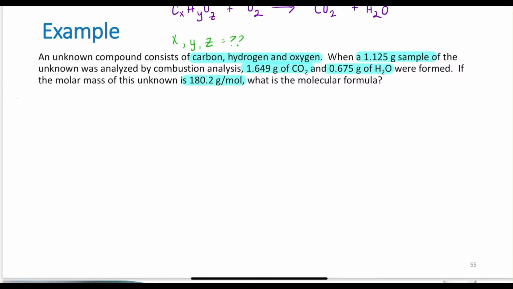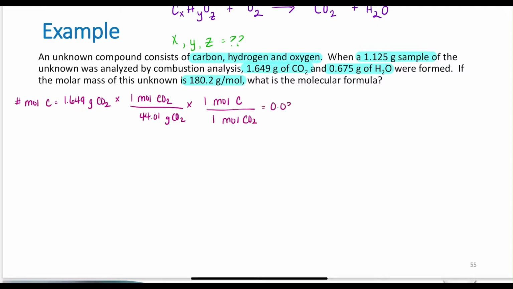So first, let's figure out the number of moles of carbon. I've got 1.649 grams of CO2. I'm going to convert that to moles of CO2. There's 44.01 grams of CO2 per every mole. And I know that for every 1 mole of CO2, there is also 1 mole of carbon.